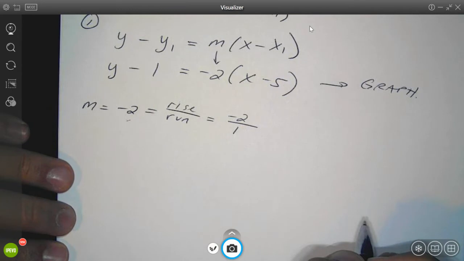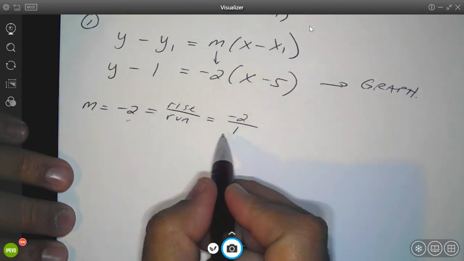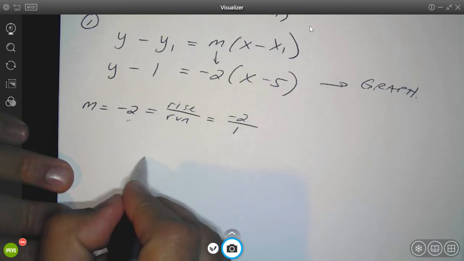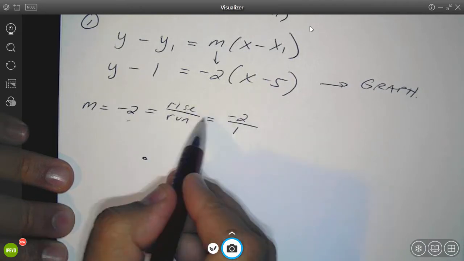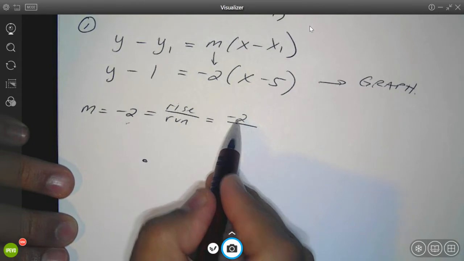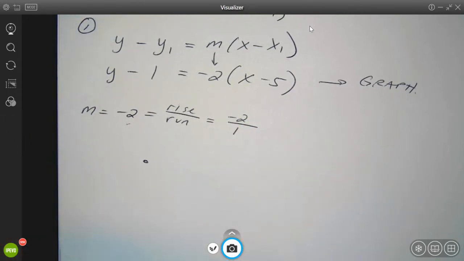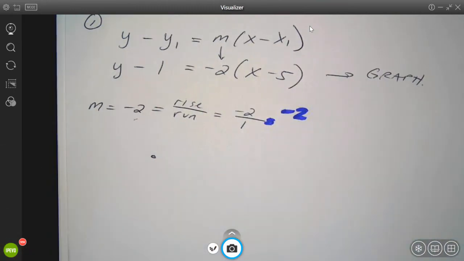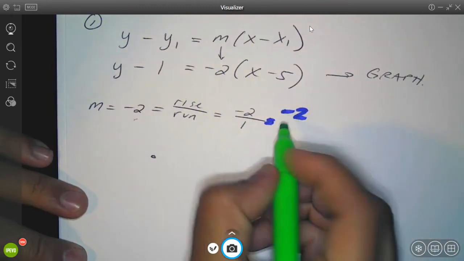So what does that mean? If we have 2 points that we're looking at, depending on some point, my rise means that I'm going down 2. Here, I'm actually going to color code this for you. It's -2 over a +1.